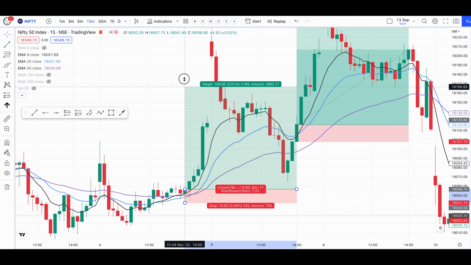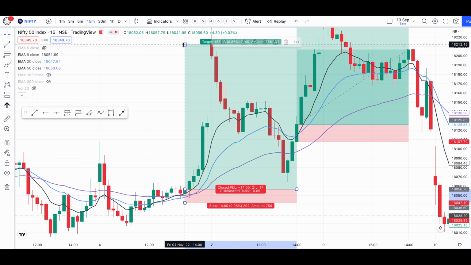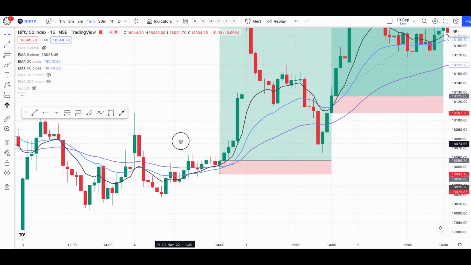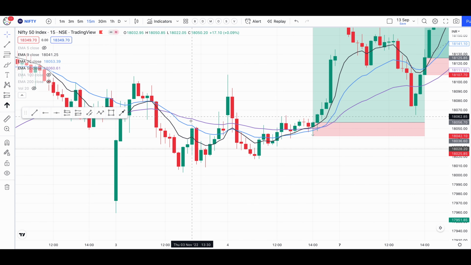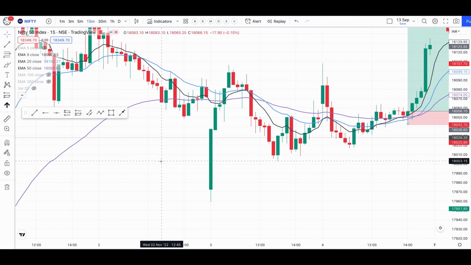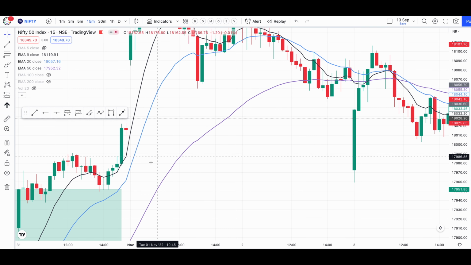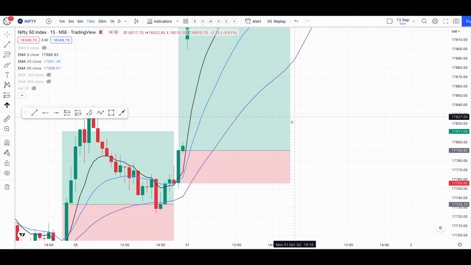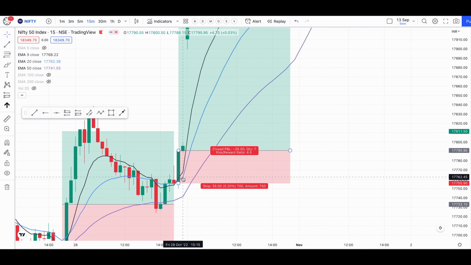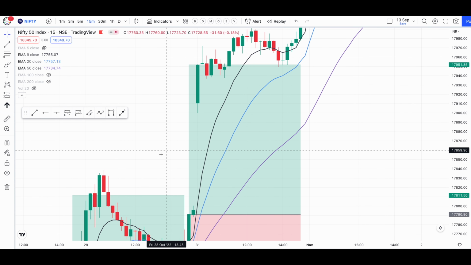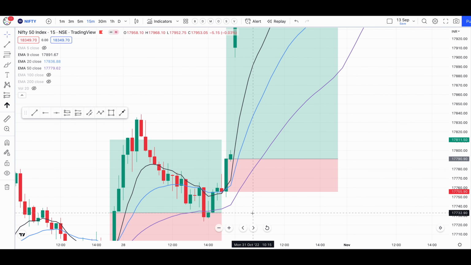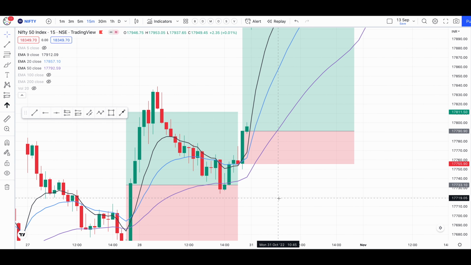I marked it like this because next is a gap up. Just giving 14 points of stop loss, you're getting 155 points of profit. That's huge, right? The same thing, next is a complete reversal. We're not going for the trend, because the trend is getting changed. On the 31st the same condition happened: 9 EMA, 20 and 50, and you see the huge profit. So wait for these scenarios and take the trades.